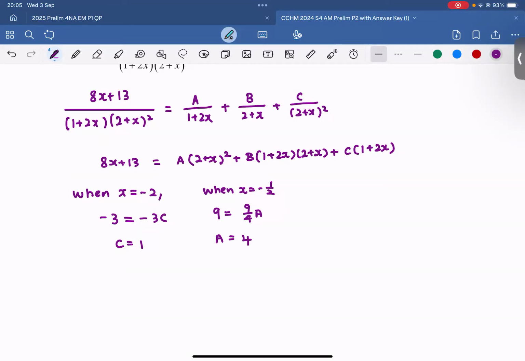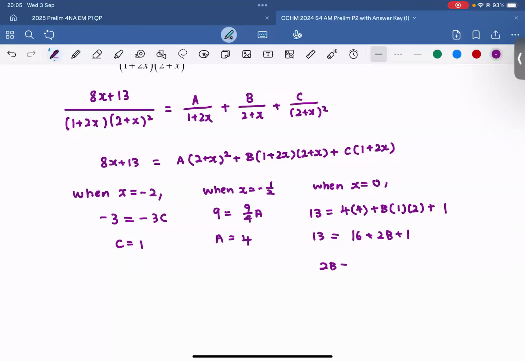Finally, you can put any number in because you already found two unknowns. So typically just let x be 0, easy number. So 13. A is 4. When you put 0 into 2 plus x is 2, then you square it, another 4. B will be 1 and 2. Then this will be C, which is 1. So 13 equals 16 plus 2B plus 1.